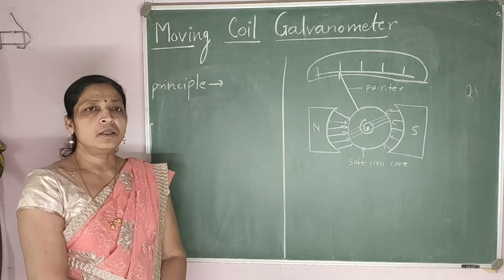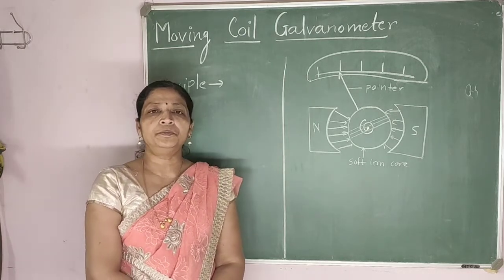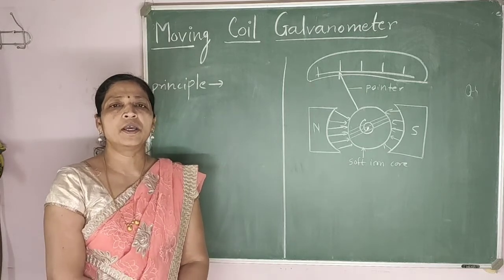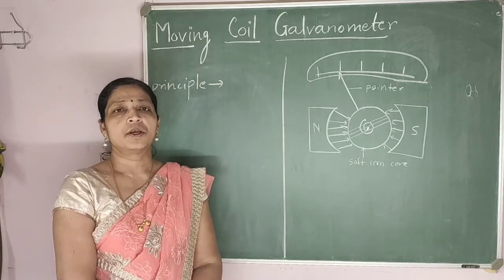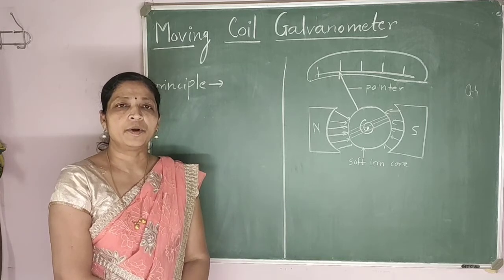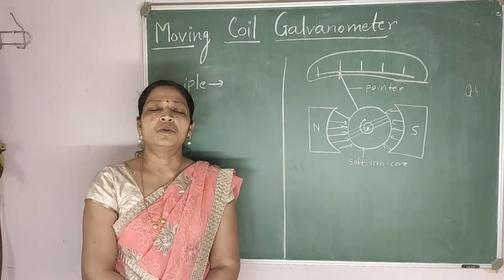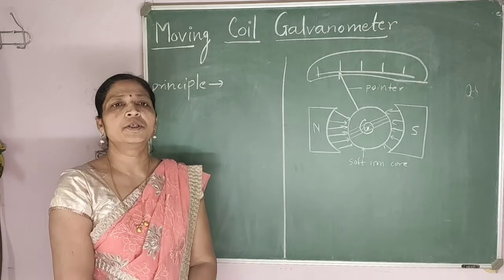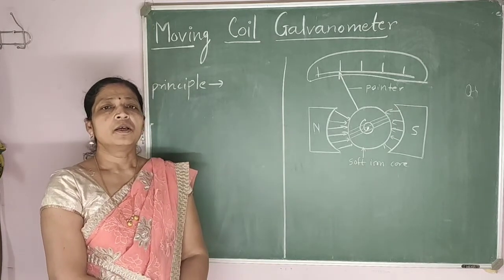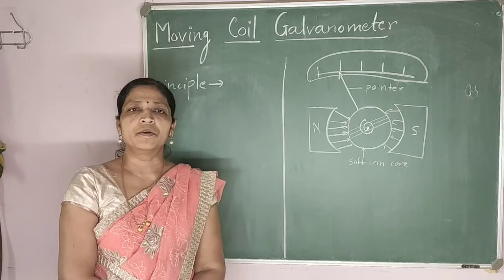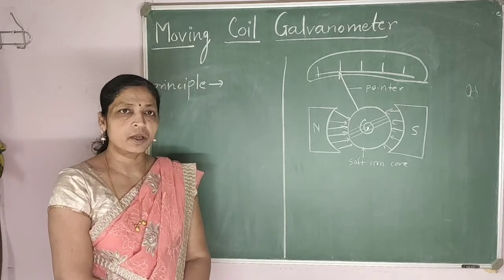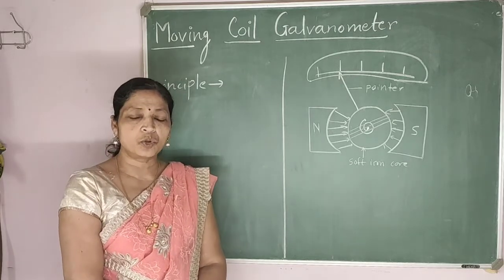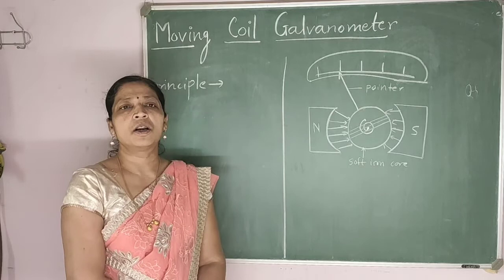And in the third chapter, in meter bridge and in potentiometer, we have used a device which gives a null deflection. Yes, and that is a galvanometer. So here you will understand that we can prepare ammeter and voltmeter by using a galvanometer, and the galvanometer is also used to detect the current in the circuit.